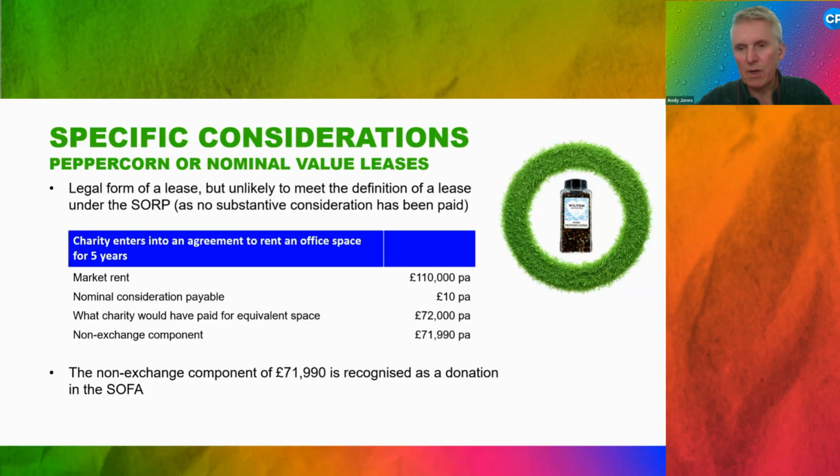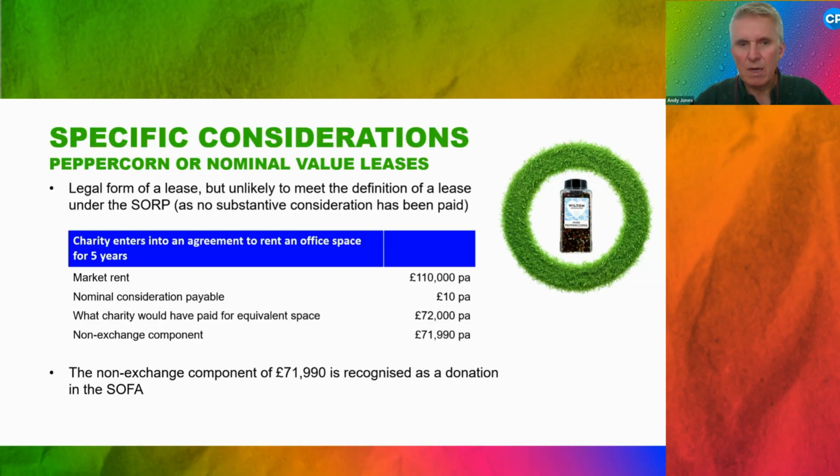In that scenario, although it meets the legal form of a lease under the SORP, it's not really going to meet the definition of a lease under Module 10B of the SORP. So you're not going to have to account for it as a lease. And I've got an example there of what that could look like.